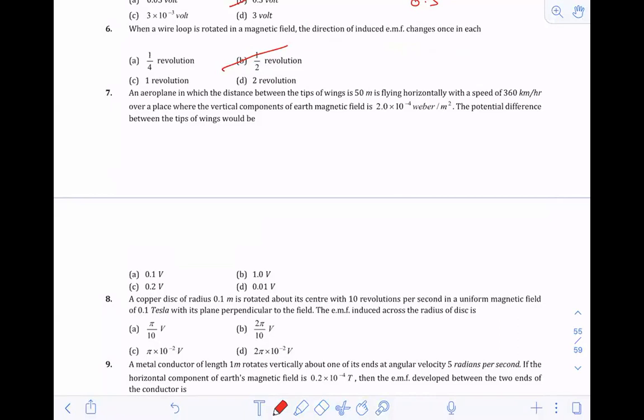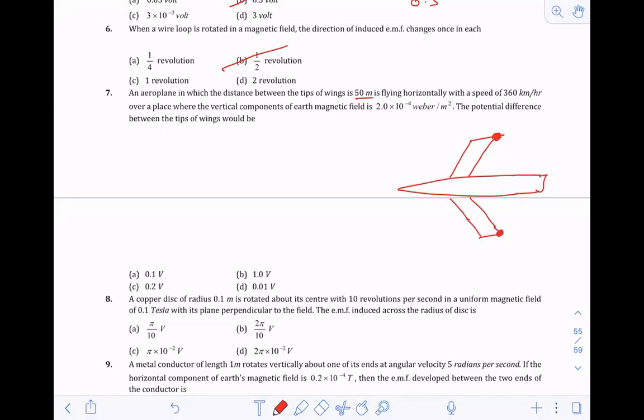Then you can reply. Suppose this is a plane. Okay, suppose this is a plane. And these are the wings. Okay, fine. Now they are saying that an aeroplane is there in which the distance between the tips of the wings is 50 meter.